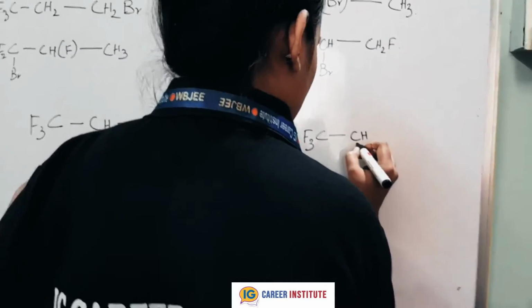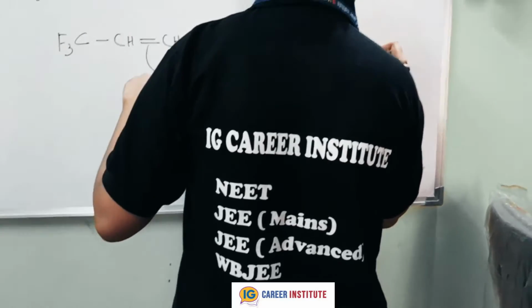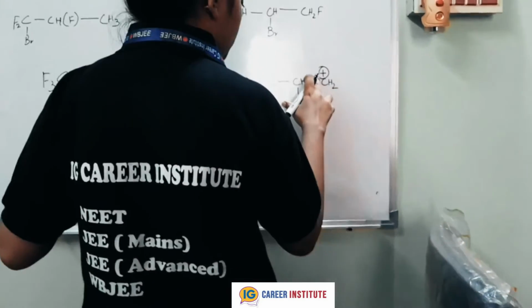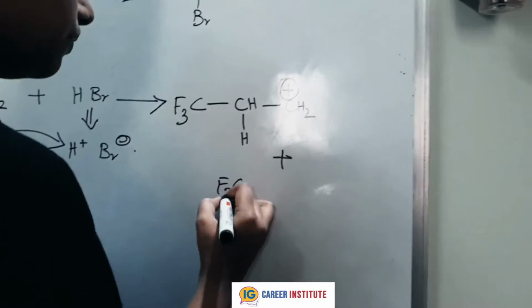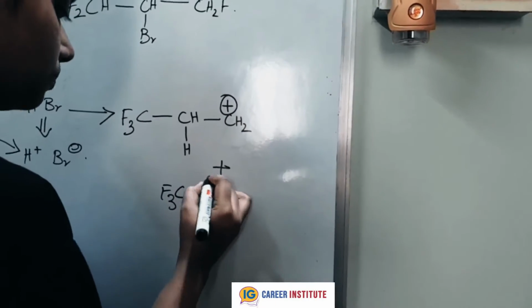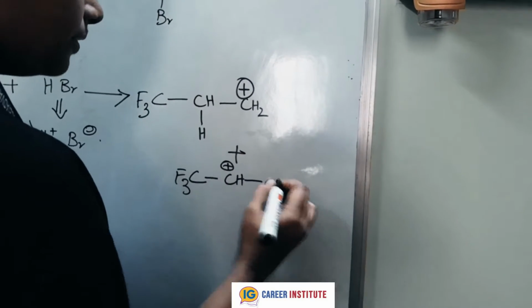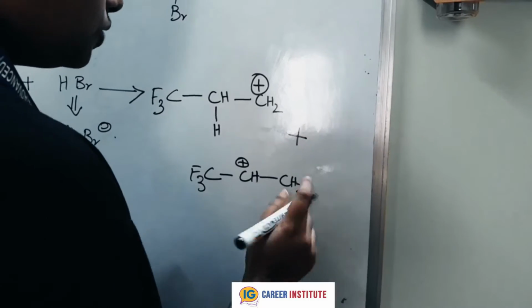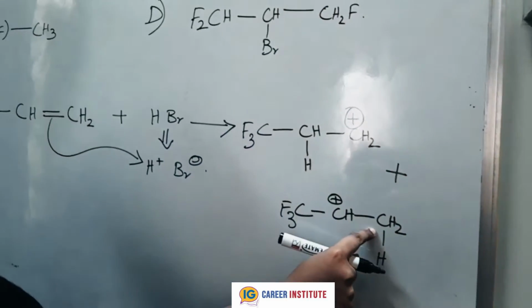If I consider that the hydrogen will get attached to this carbon atom, then this CH2 will become vacant, and the plus charge will be on this carbon atom. Plus there is the next possibility, CH3 CH plus, where the plus charge is on the second carbon atom, and let me write this plus here, CH2, the other hydrogen is basically coming on this carbon atom.